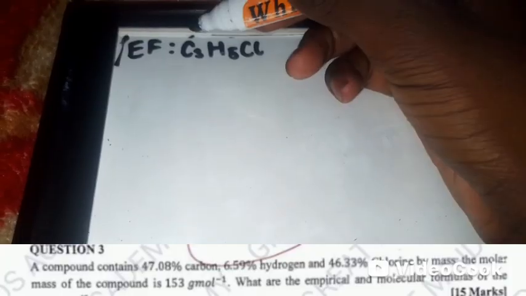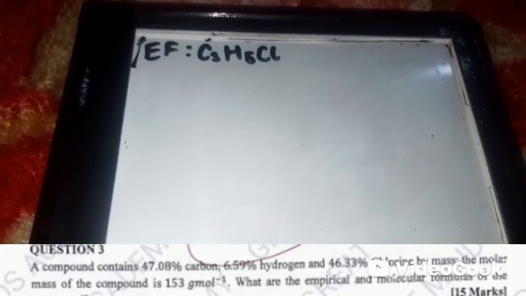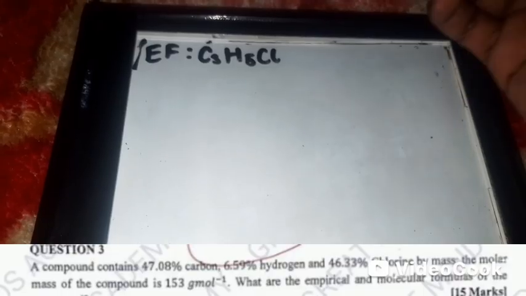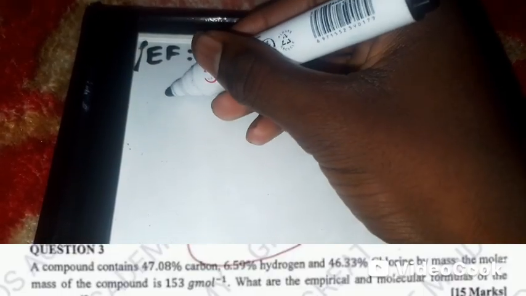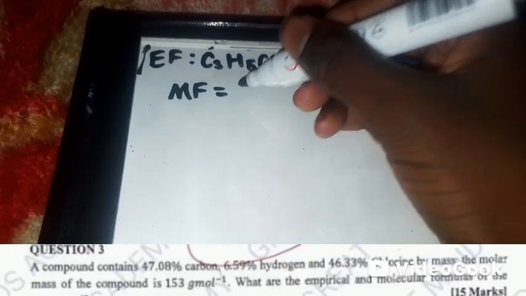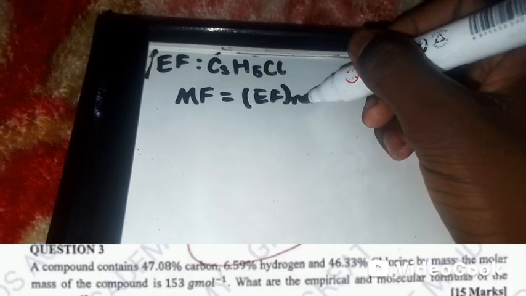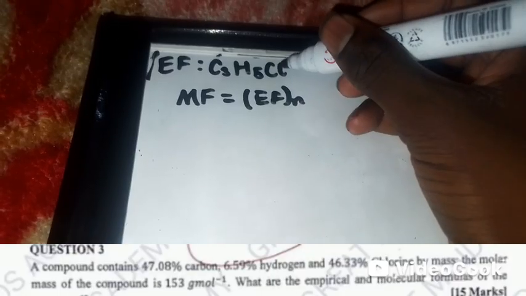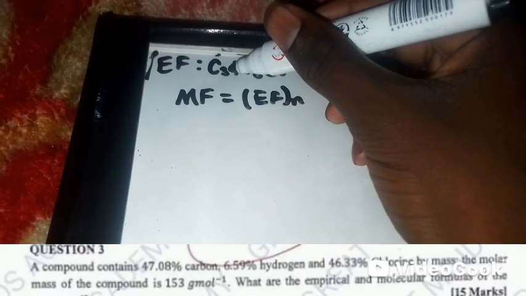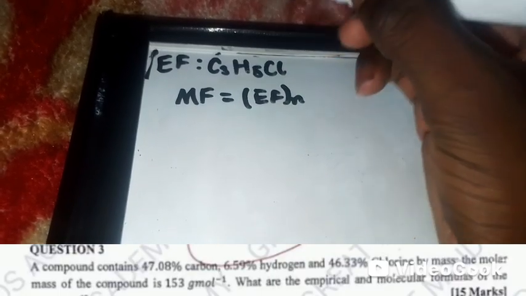Okay, I found the empirical formula. Now let's look for the molecular formula. So in order for us to find the molecular formula, we can use this as our guide. The molecular formula is equal to the empirical formula, and this n is supposed to be multiplied by all the subscripts in the empirical formula, because this is just showing the simplest number of moles.